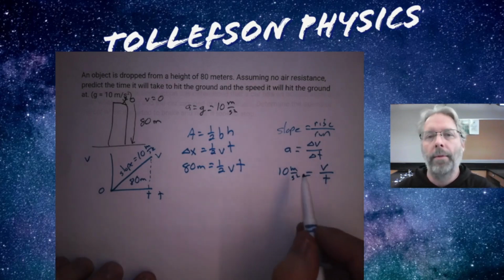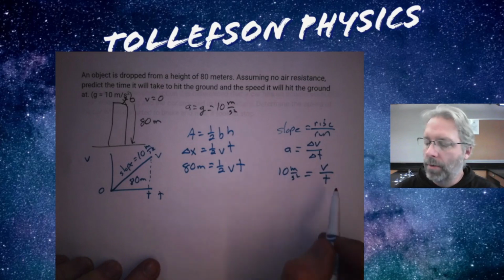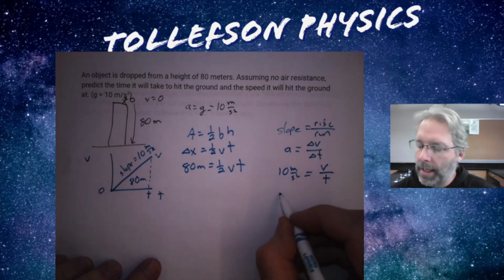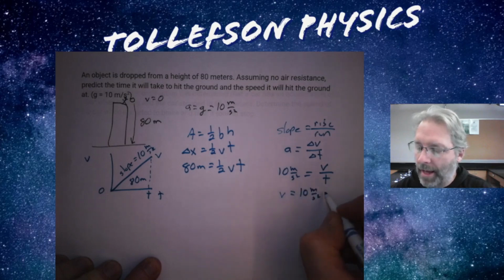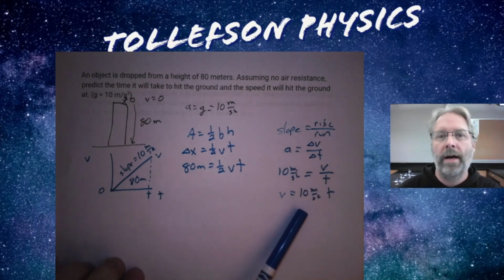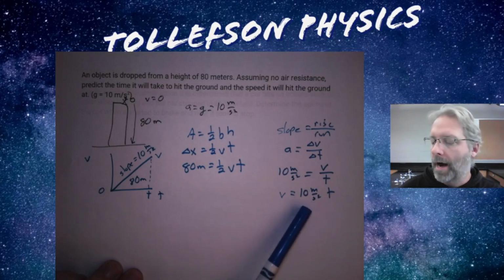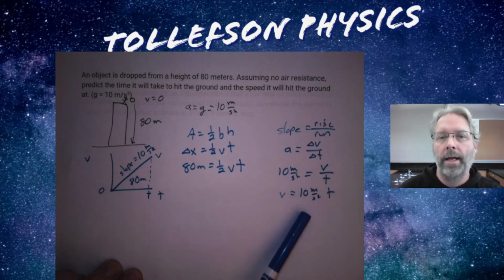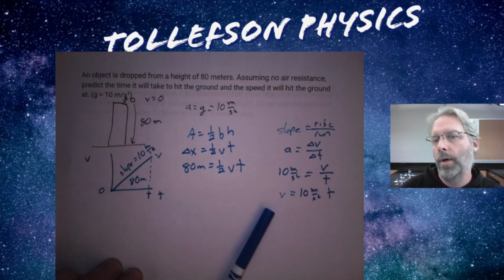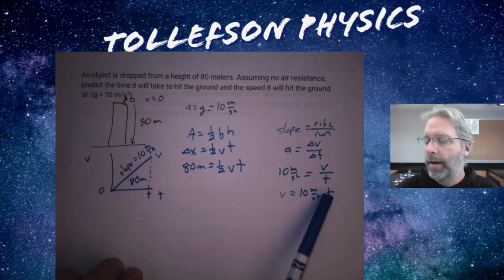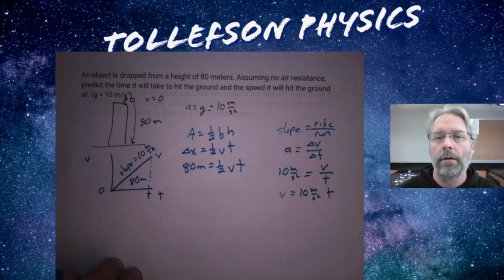I don't like the format of this equation, so I'm going to cross multiply, multiplying both sides by t. Then I actually end up getting the equation of that line, because if I let the rock fall for 1 second, it's going to be traveling 10 meters per second. If it falls for 2 seconds, it's going to travel at 20, and so on. So once I figure out the time, I know the velocity.